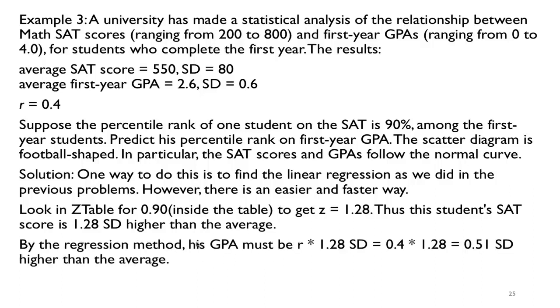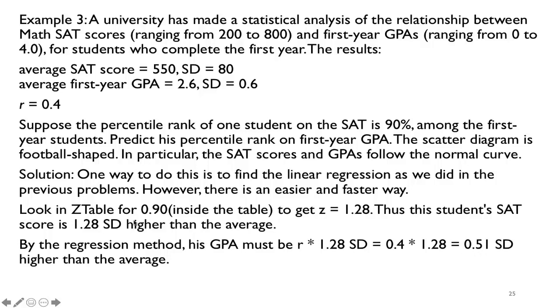Now, by the regression method, this student's GPA is not one full SD higher, but it's only R times the SD higher. So if I take R and multiply by the 1.28, I get 0.4 times 1.28, which is 0.51 SD.